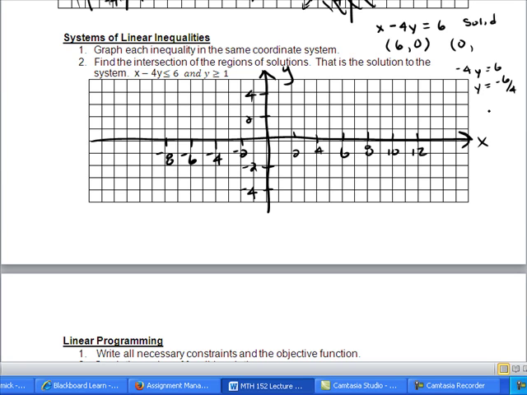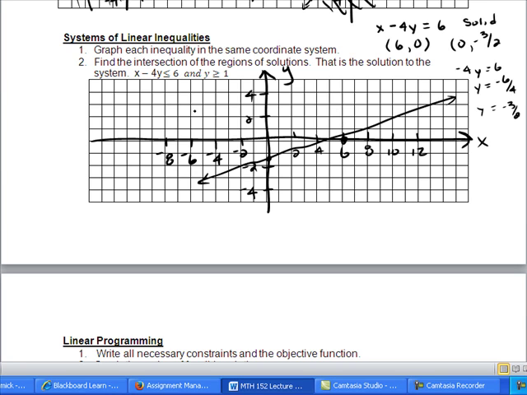Okay, I didn't quite go through that point, but alright. I need to shade this one before I go on. I'm going to indicate where the shading would go, but I'm not actually going to put it in here. With test point (0, 0), 0 minus 4 times 0 is less than 6, so I know my shading's going to go up.